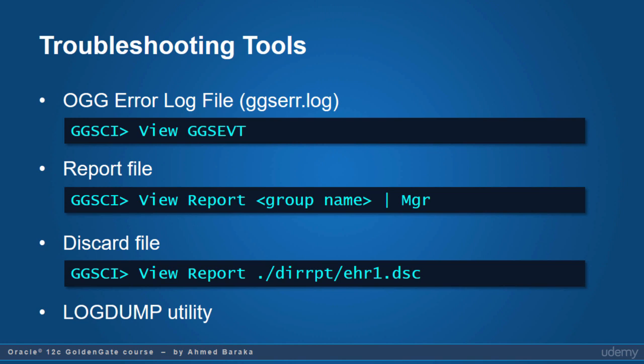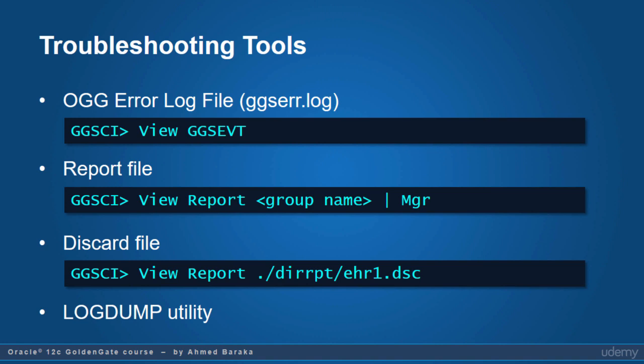By now, you should be aware of all the troubleshooting tools demonstrated in this slide. The ggserr.log file is the master log file of an Oracle GoldenGate instance. It has a history of the major activities executed by Oracle GoldenGate processes ordered by date and time.